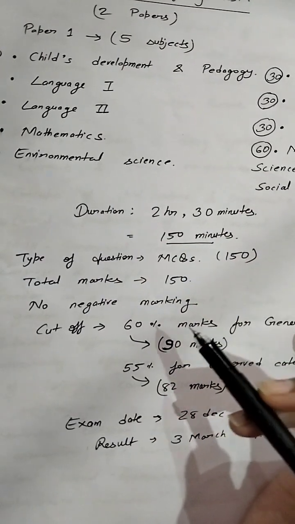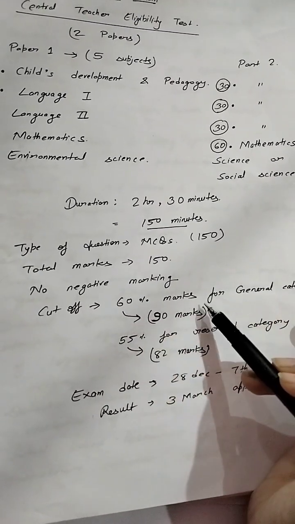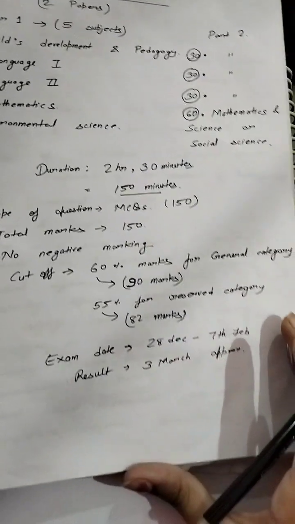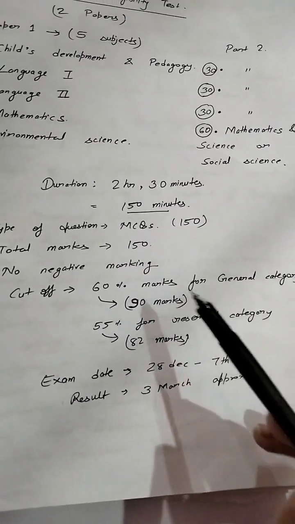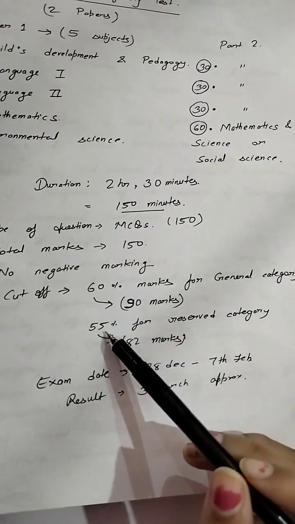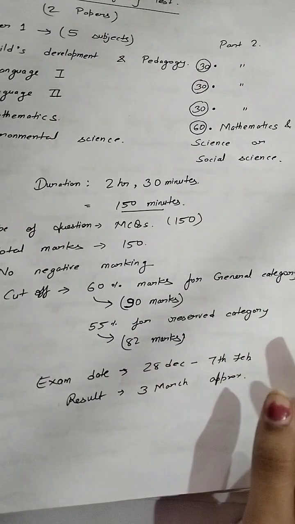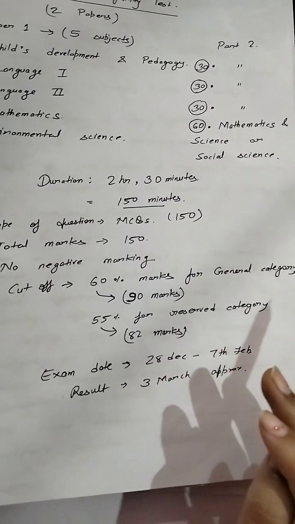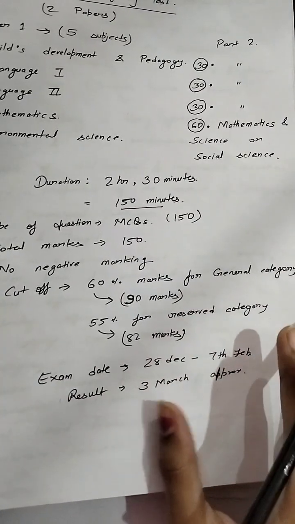Now when it comes to cutoff, 60% marks are required for the general category, and 55% for the reserved category. 60% would come out to almost 90 marks, and 55% would come out to around 82 marks. From this you can get the basic fundamental idea of what you're getting yourself into and how you have to frame your preparation.